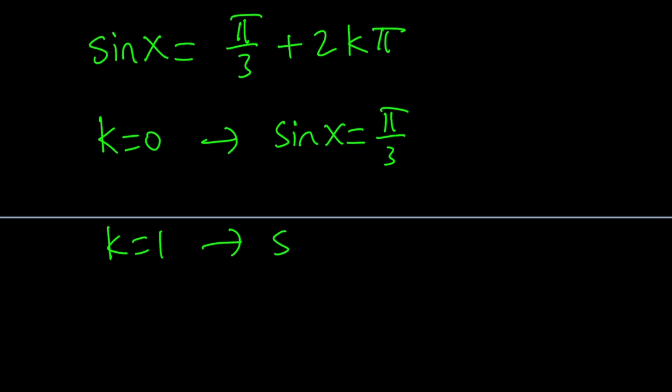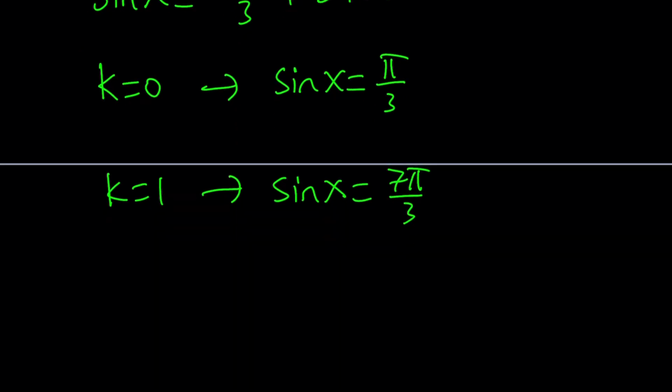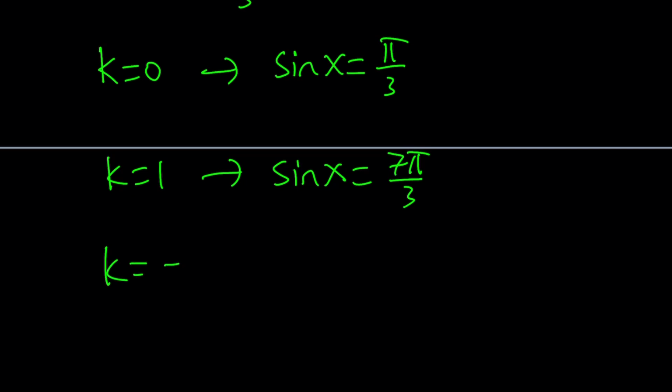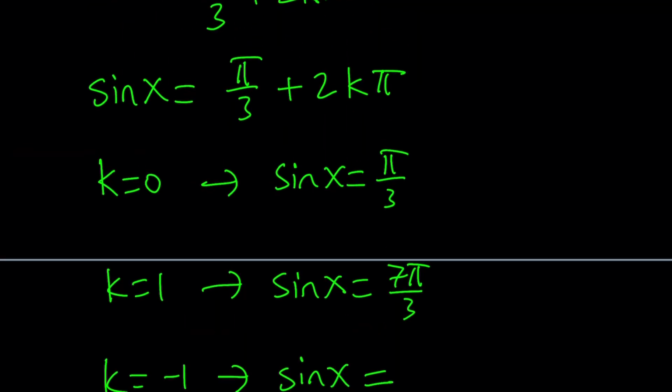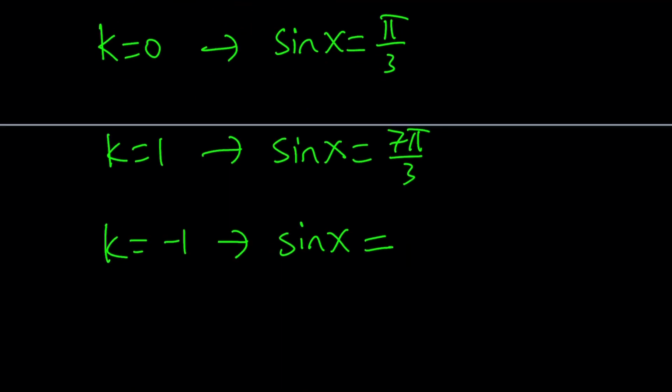Then we get sine x equals pi over 3 plus 2 pi, which is pi over 3 plus 6 pi over 3, which is 7 pi over 3. And then let's just take a look at k equals -1. The other values are just going to be outside these. And when k is -1, you're going to be subtracting 6 pi from pi and divide by 3. That's going to give you -5 pi over 3.